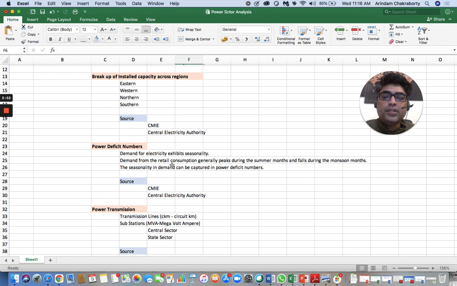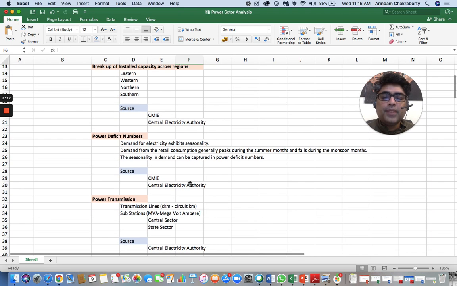The demand for retail consumption generally peaks during the summer months and falls during the monsoon months. The seasonality in demand can be captured in power deficit numbers, right? So you need to understand the extent of deficit that really happens in power consumption, and for that we need to again fall back on the CMIE database or Central Electricity Authority websites.